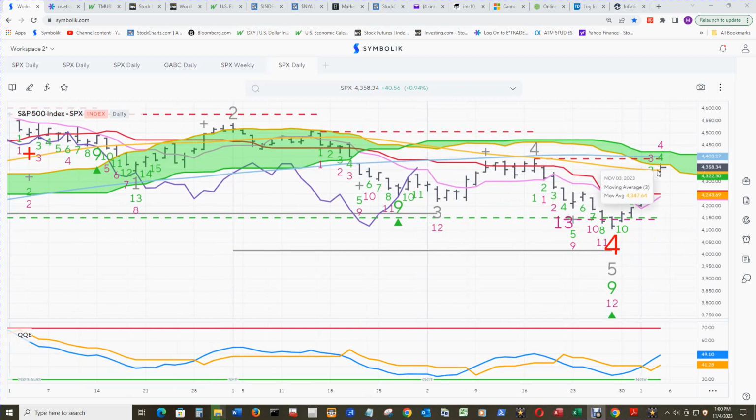And price closed above the 50 simple moving average and is still below the 100 simple moving average at 4403.27 in blue right here. So that adds to the resistance for the buy TDST line here for price to hit.